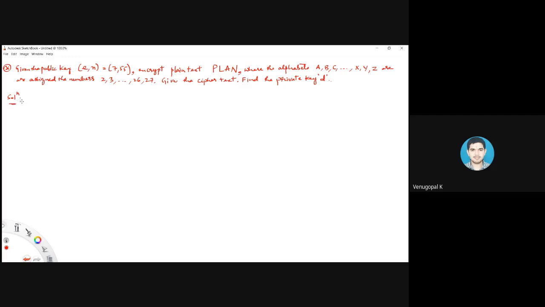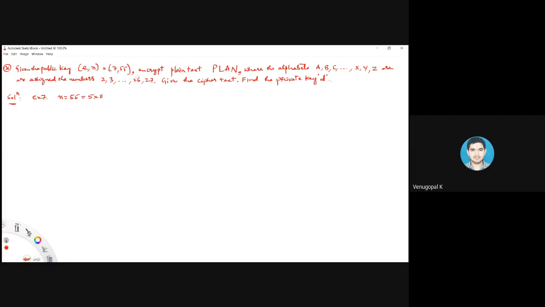Now in this question, they have already given the choice for E and N. E is given to be equal to 7 and N is given to be 55, and this N we need to write as a product of two primes, which is straightforward here, 5 into 11.